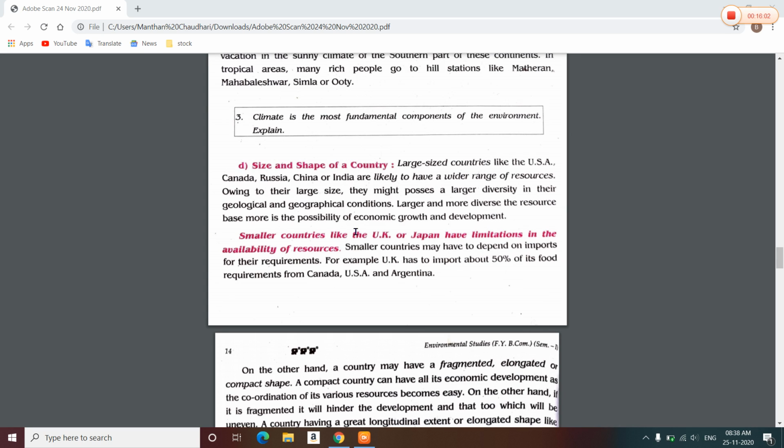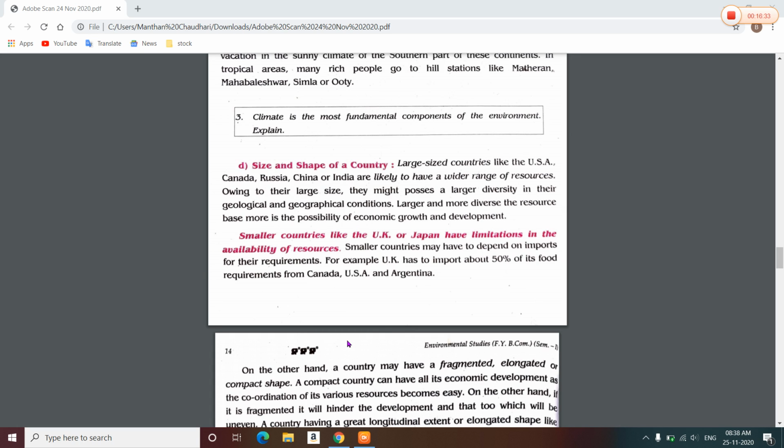Such countries may have to depend on other countries for their major requirements because they are small sized countries having a limited population and limited availability of resources. Let us take one example, okay, we will see later.